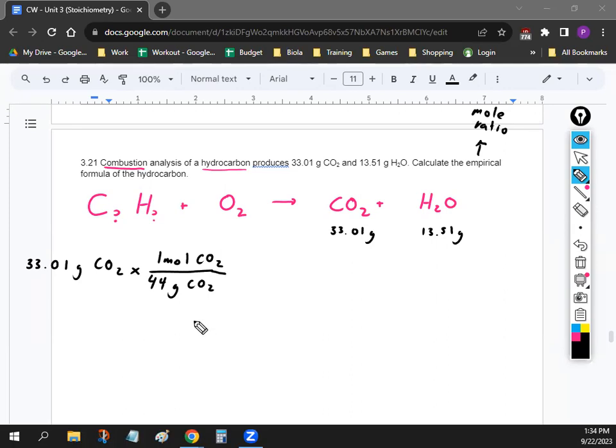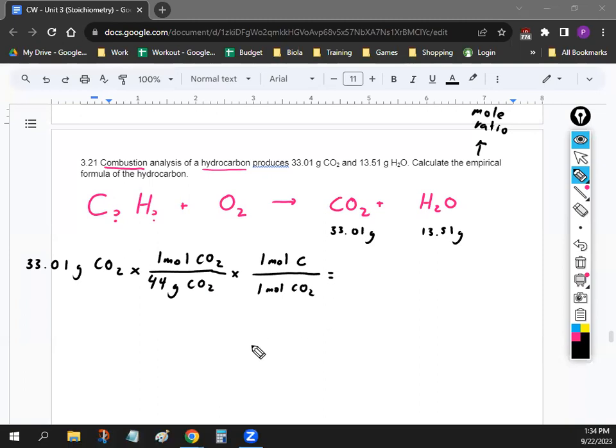Right? And then we're interested in the moles of carbon. So 1 mole of CO2. How many moles of carbon are there in 1 mole of CO2? Yeah, just 1. So 1 mole of carbon.